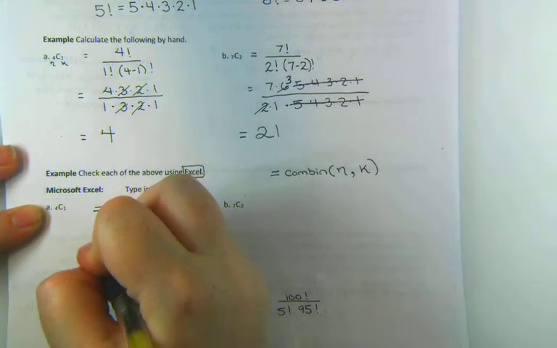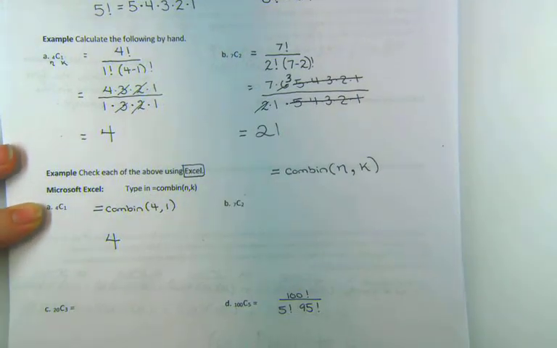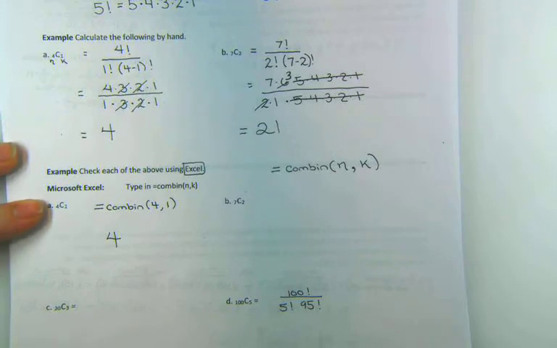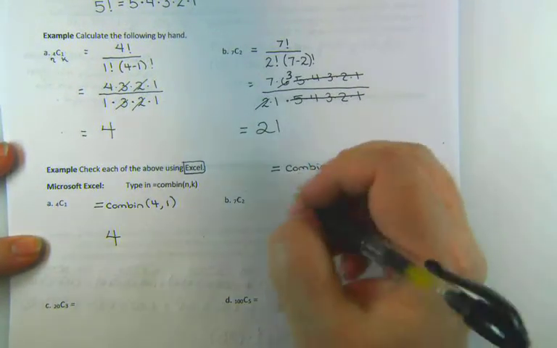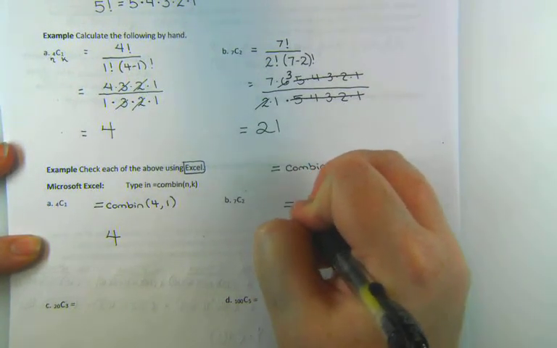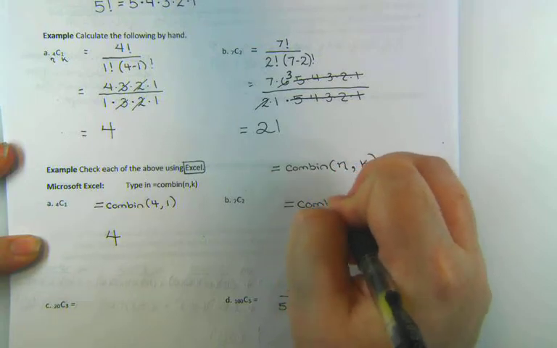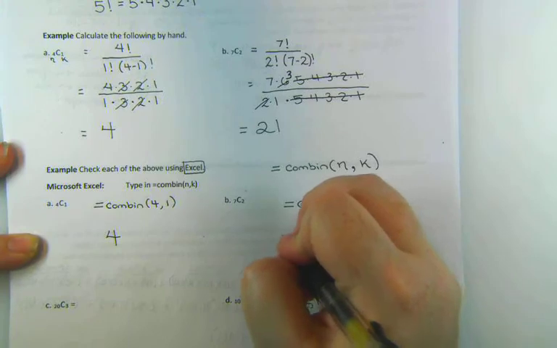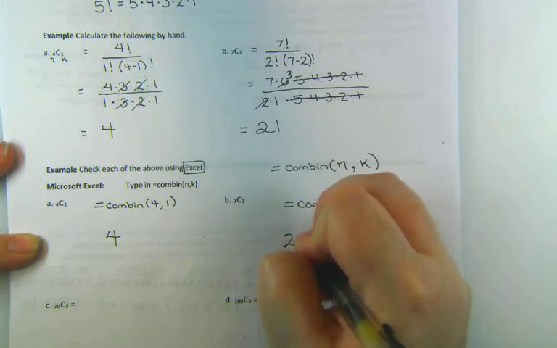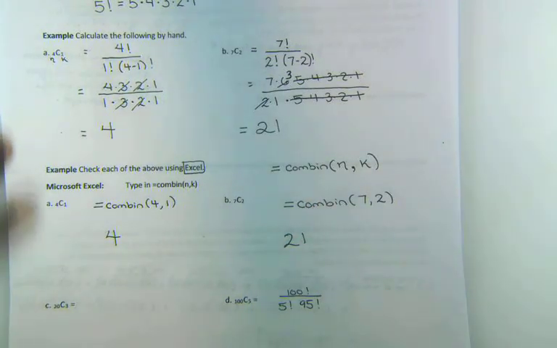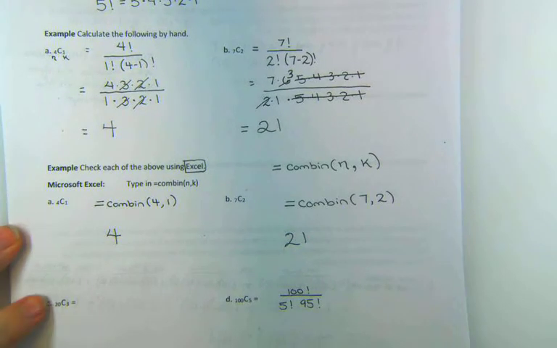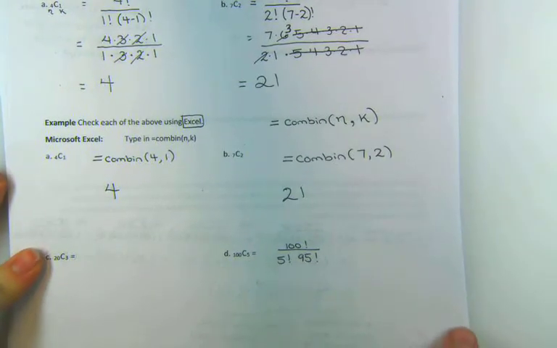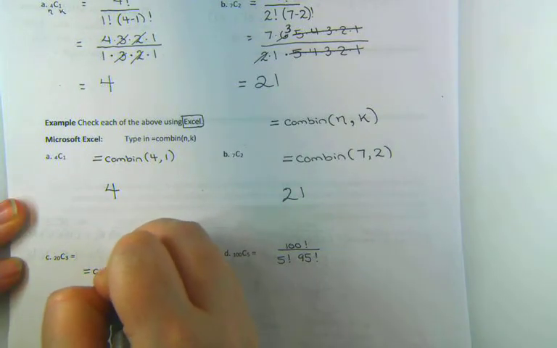So if we were in Microsoft Excel, if we were finding this 4 choose 1, we would type in the equal sign, combin, 4 comma 1, and when you hit enter, what you'll see is it just gives a 4 out. And then if we did that with our second one, you'd have equals and then combin 7 comma 2, and once you hit enter, that would just change to 21.